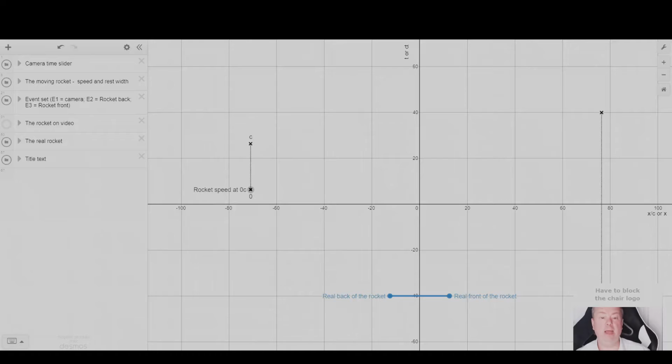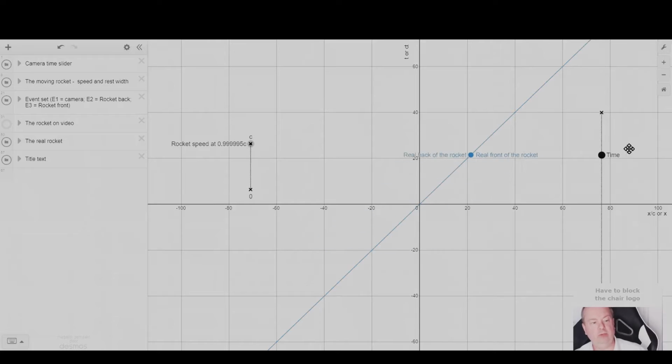It's just where I am with my camera. And I also can make it move very, very fast. And as you see, the faster it moves, the more the length contraction shrinks its length to almost the speed of light. The whole rocket is just a single dot, and it's moving almost at the speed of light. And speed of light in space-time diagrams are at a 45-degree angle, and this is what you see here.